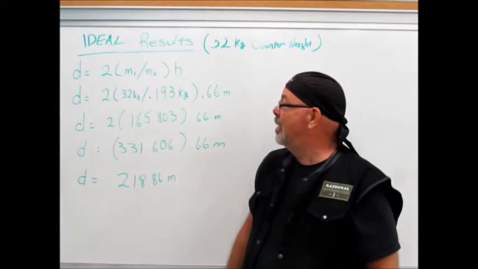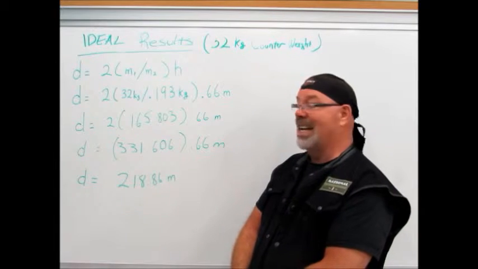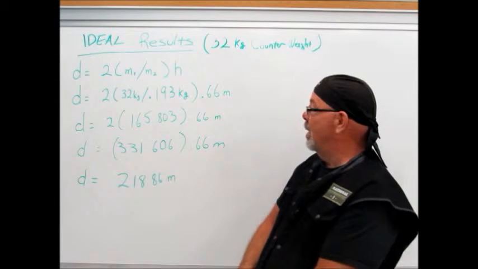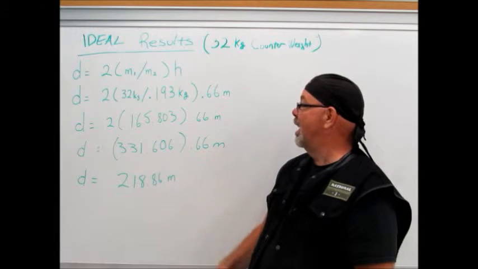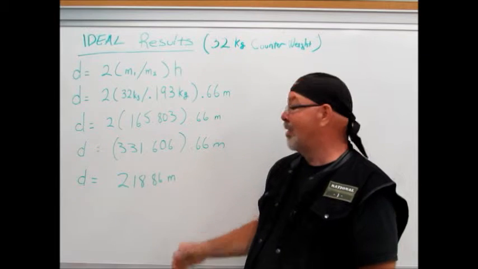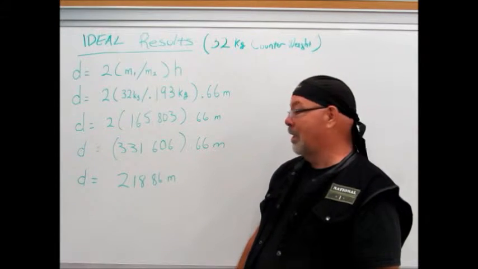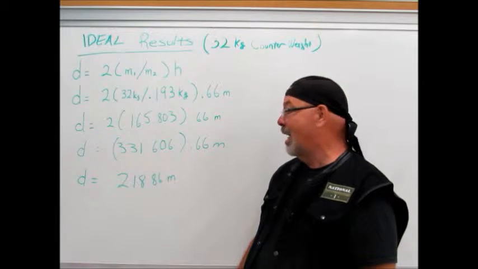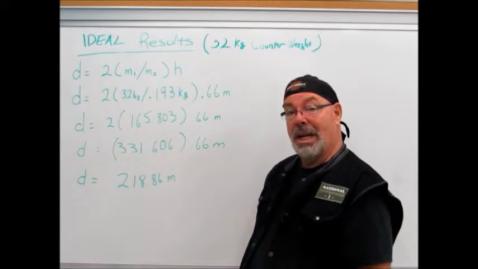In this case, that would be 2 times 32 kilograms divided by 0.193 kilograms times 0.66 meters. That would be 2 times 165.803 times 0.66 meters, which works out to 331.606 times 0.66 meters. So our distance for the ideal shot under perfect conditions should be 218.86 meters with a 32 kilogram counterweight.